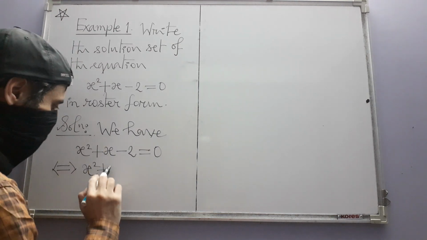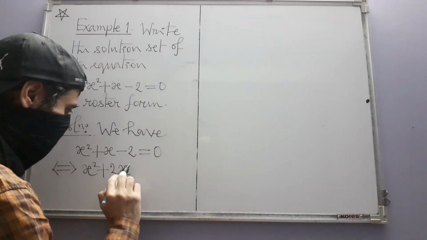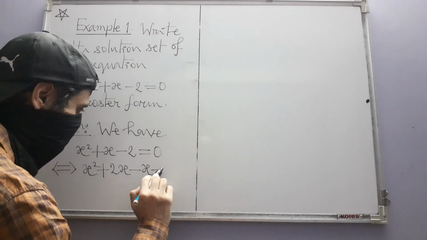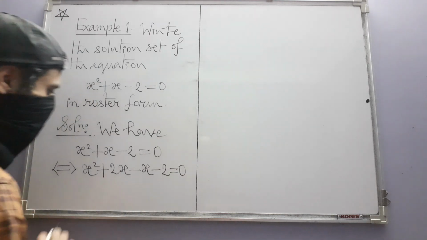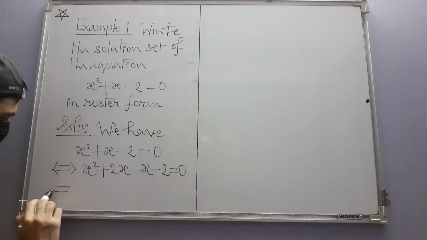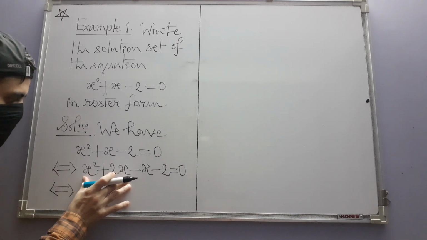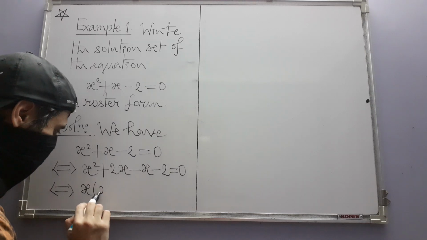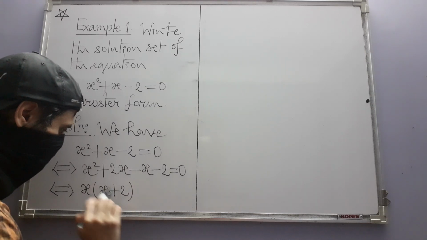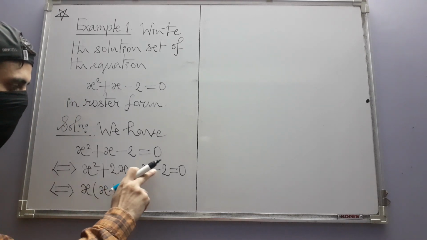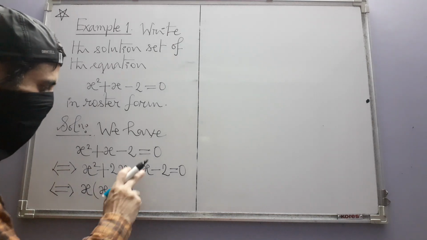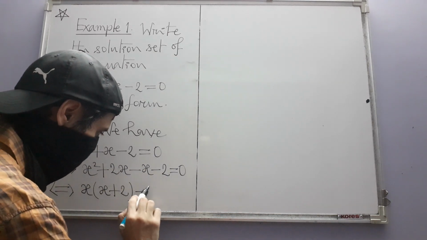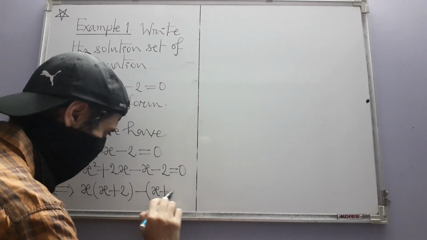The x can be written as 2x minus x. Now, if I take x common out from these first two terms, then I get x times x plus 2. Similarly, I can take minus 1 common out from the last two terms and get x plus 2 again.